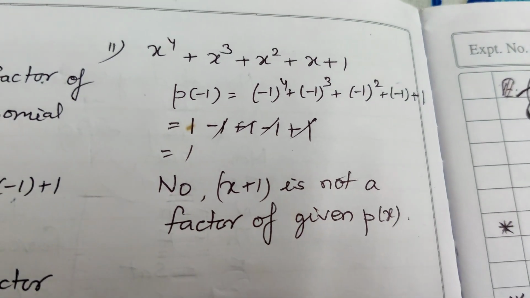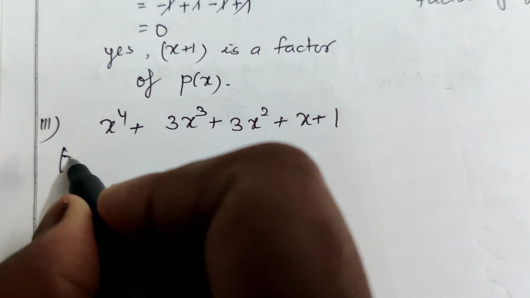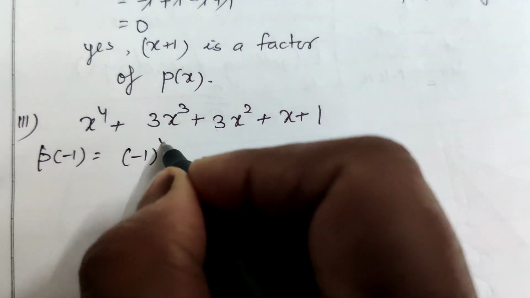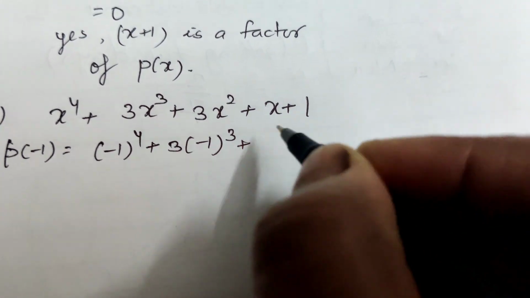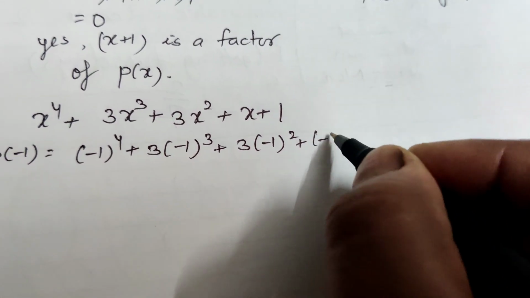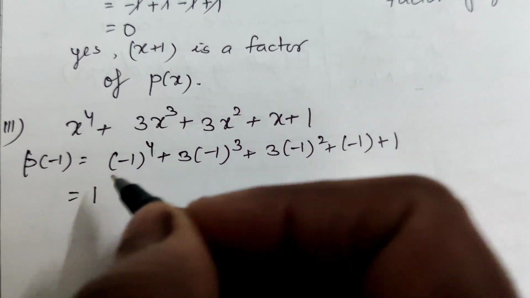Third one. Now check in this. Third is x raised to power 4. Just put x equal to minus 1. Minus 1 raised to power 4 is 1.